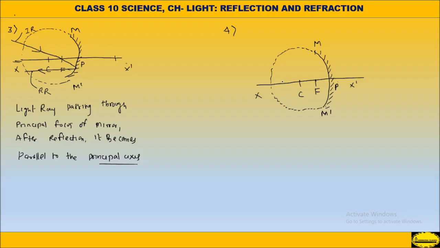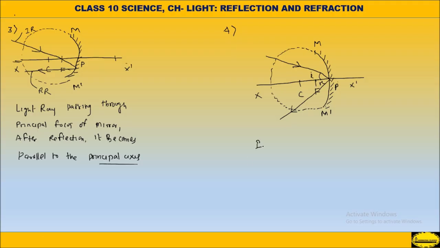Now the rule is that when a ray of light is incident obliquely towards the pole of a concave mirror, the light ray gets reflected obliquely as per the law of reflection. So here it will be the angle of incidence, here it will be the angle of reflection.